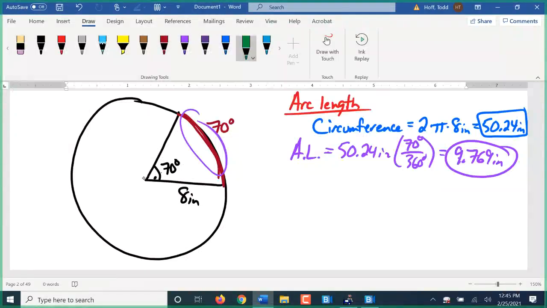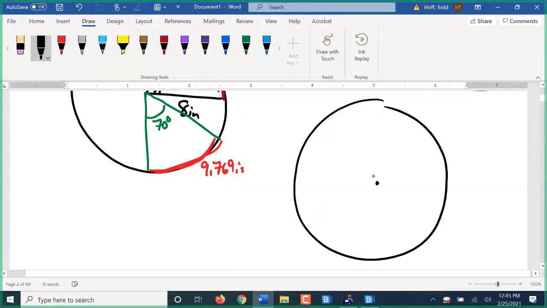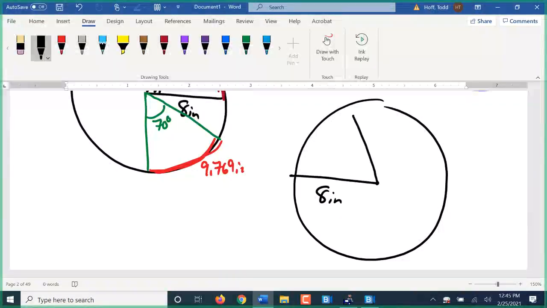If I have another central angle in that circle that is also 70 degrees, that arc length is also going to be 9.769 inches. If I have another circle, and that other circle has a radius of 8 inches, and I have a central angle of 70 degrees, that arc is also going to have a length of 9.769 inches.